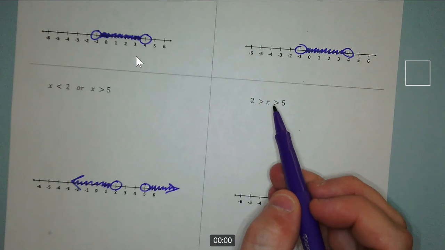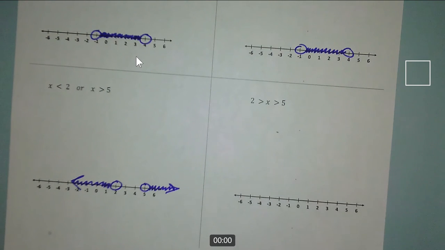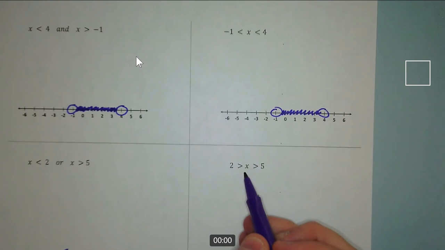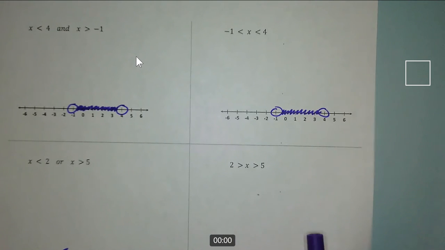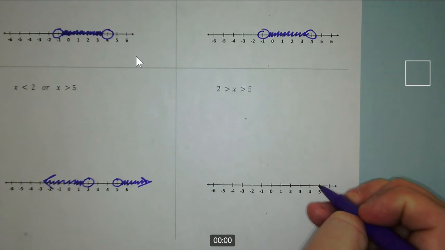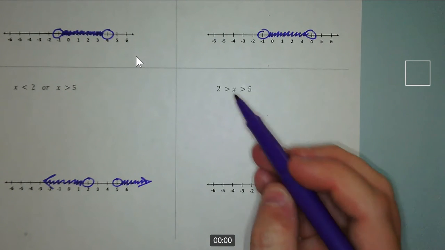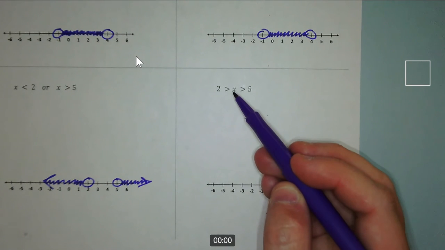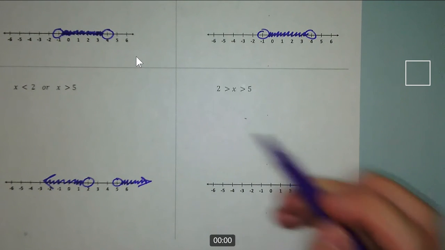Let me just say this, okay? Writing it like this is very, very rare, because this is basically the or. So this is the same graph. It's like an or in disguise. If you were to break these up, you would write it as an or connecting them.